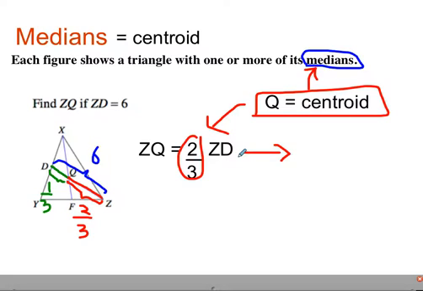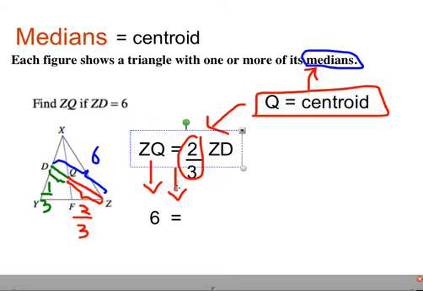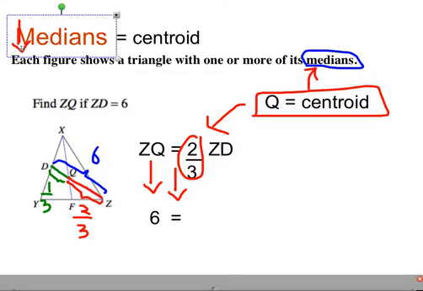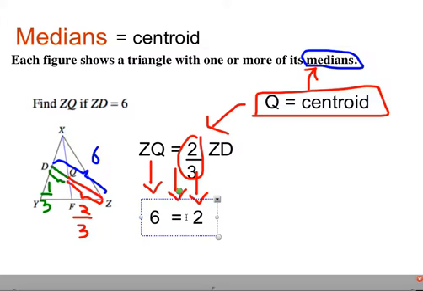All you're gonna do is substitute numbers. So what was ZQ? It was given, 6. The equal sign comes down here, and 2/3 is 2/3. Is it okay if I write 2/3 like that?